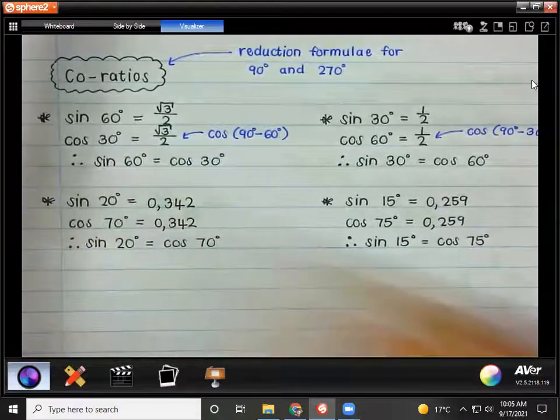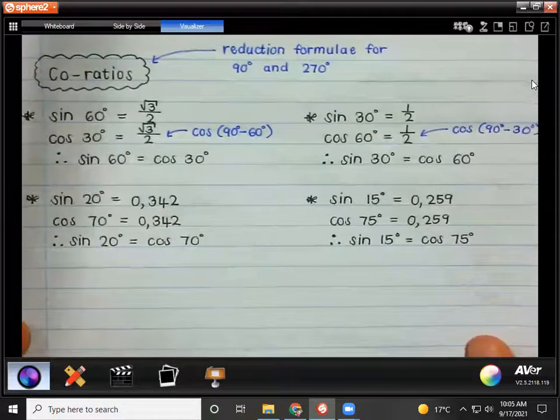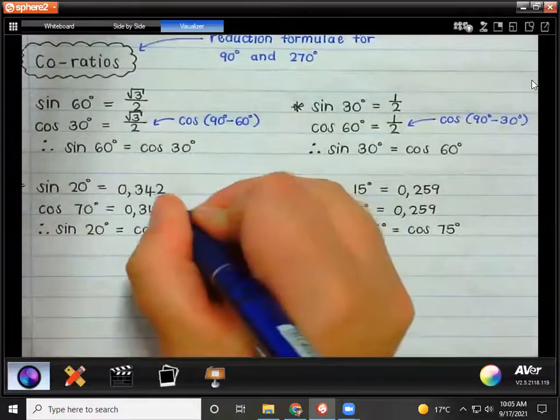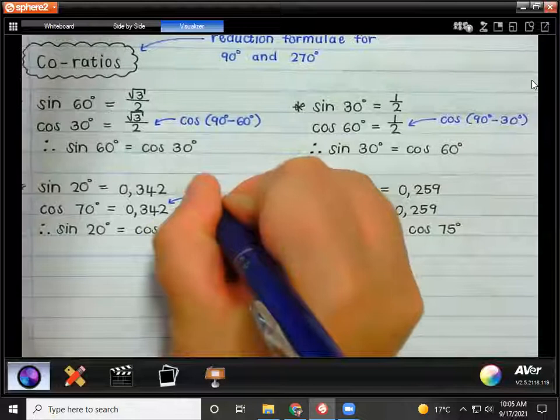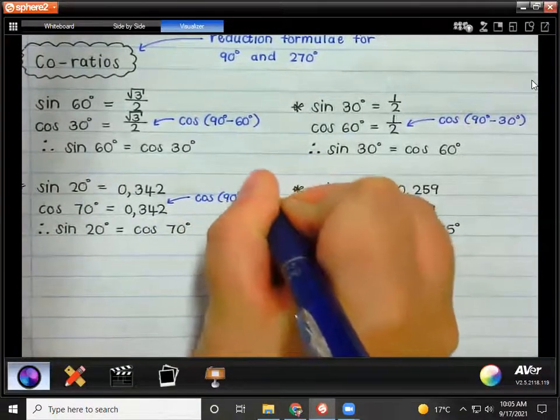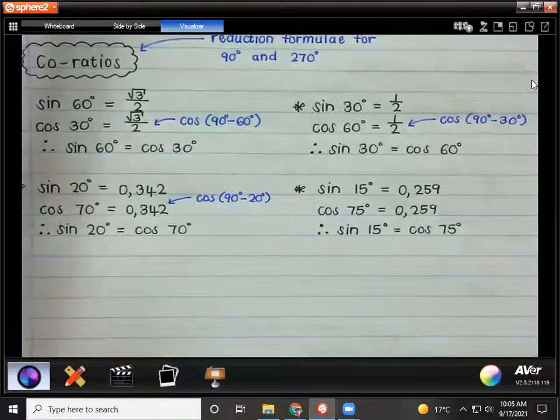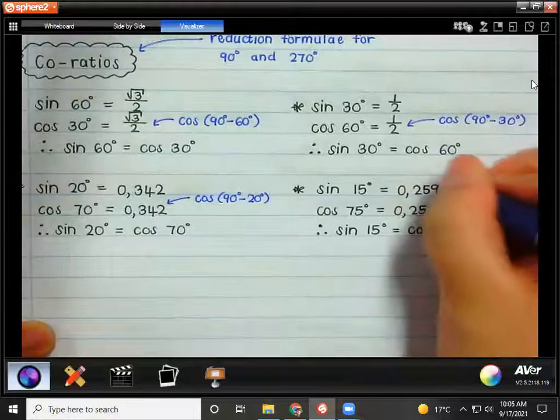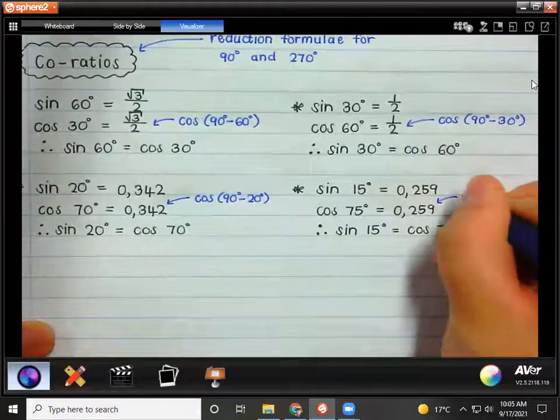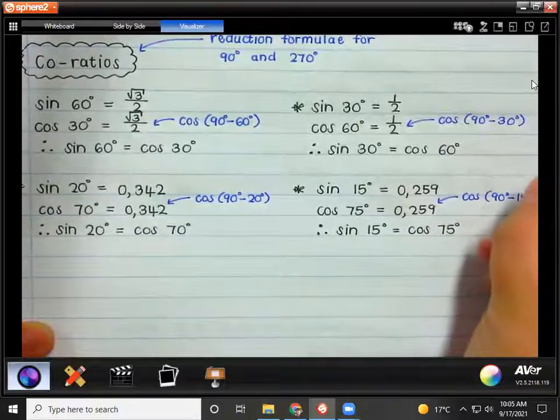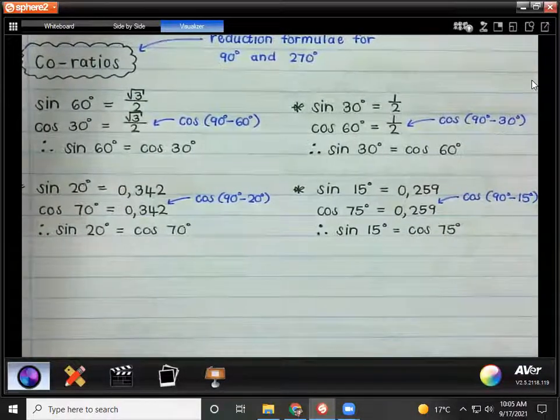We agree that 60 is 90 minus 30. Sine of 20 is equal to cos of 90 minus 20, so that's 70. Last one here, sine of 15 is equal to cos of 90 minus 15.